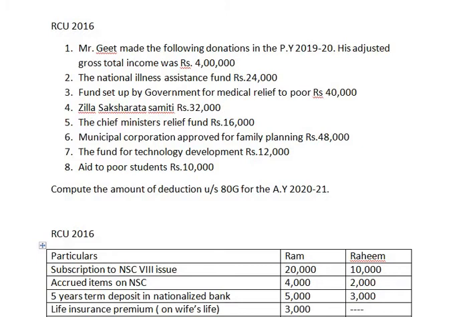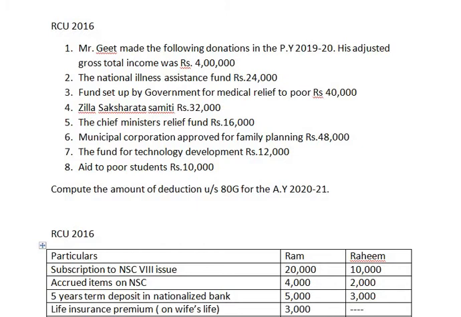Now here you are already given the adjusted gross total income, rupees 4 lakh. So 10% of adjusted gross total income comes to rupees 40,000. Then while solving the sum, first you have to find out no limit 100% donations.